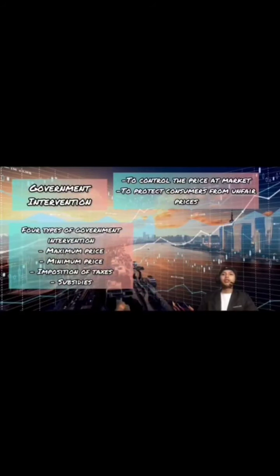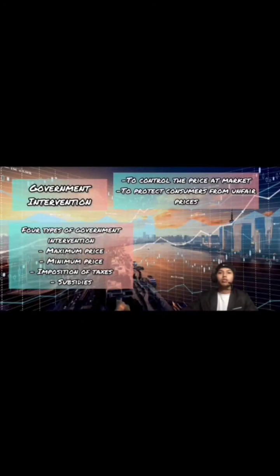Shortage happens when quantity demanded is greater than quantity supplied, while surplus occurs when quantity demanded is less than quantity supplied. Government intervention in the market is an order from the government to control the price, to set the price in order to protect consumers from unfair prices.